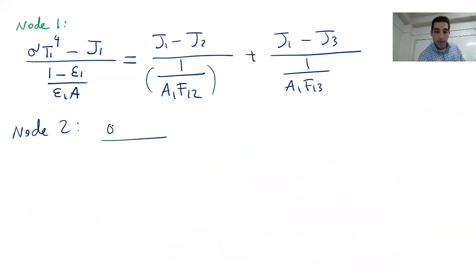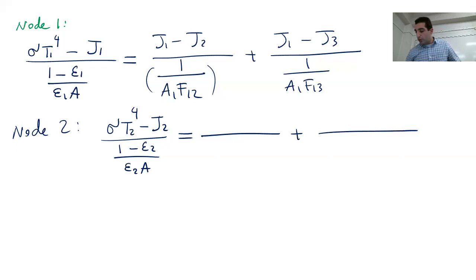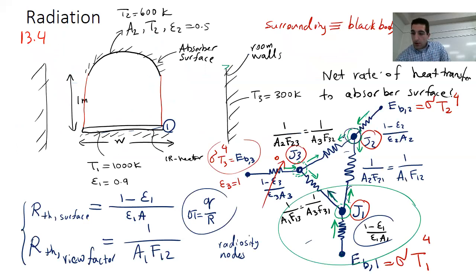That should be equal to two branches of heat leaving, right? One of them is this. The way we are showing this, J2 is higher, so J2 minus J3 divided by the resistance in between.